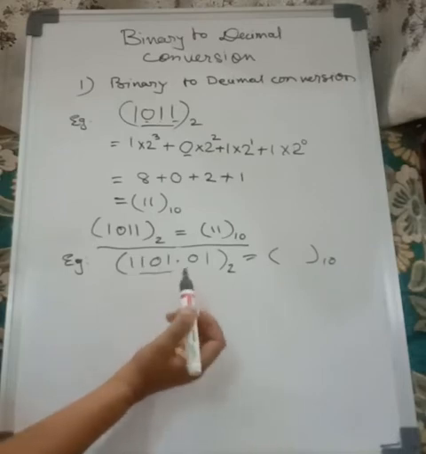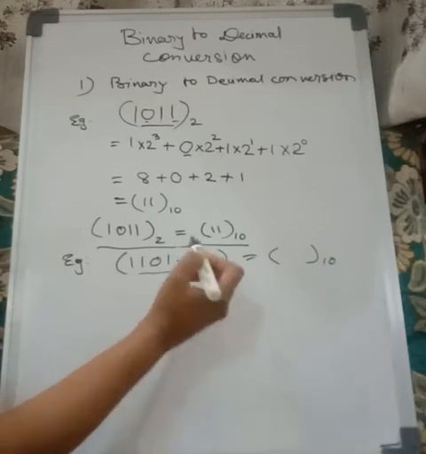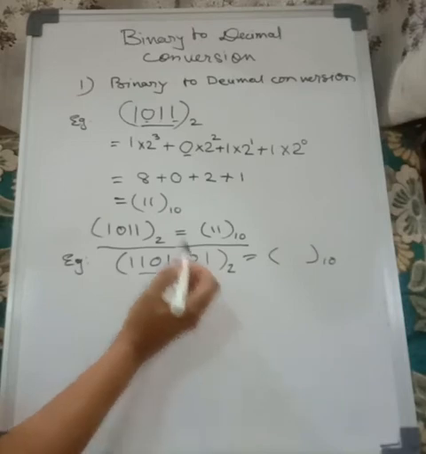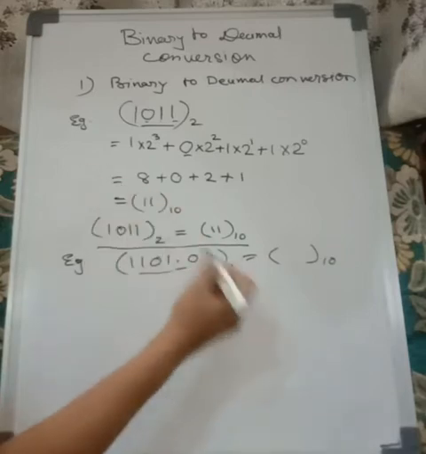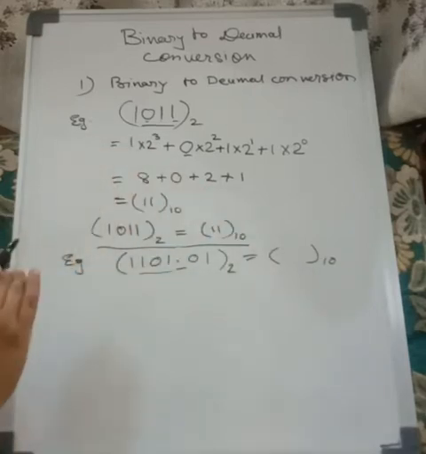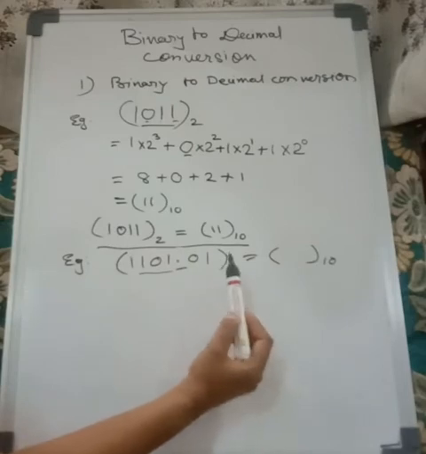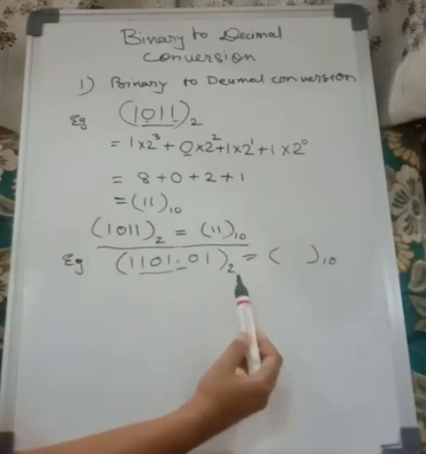But now the case is different where we have a decimal point. In this case, we are going to add those numbers in a little bit different way. The power will be negative, that is -1, -2.